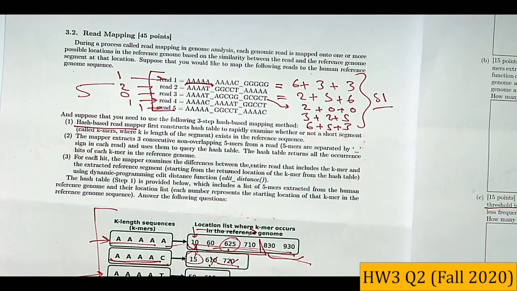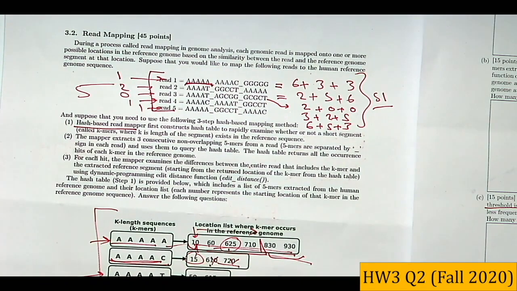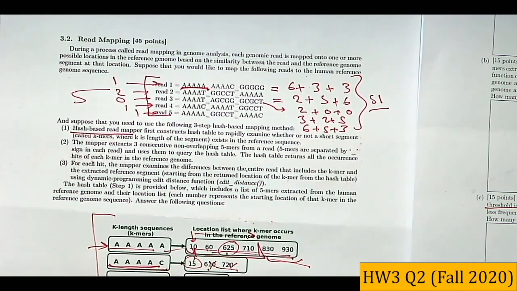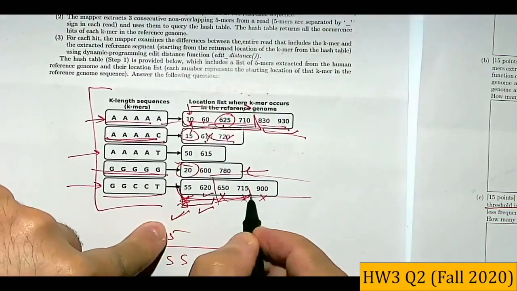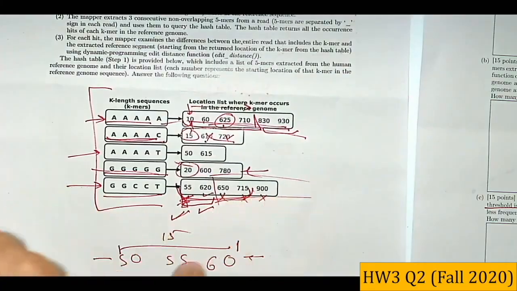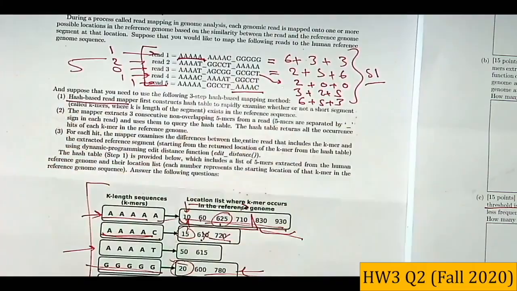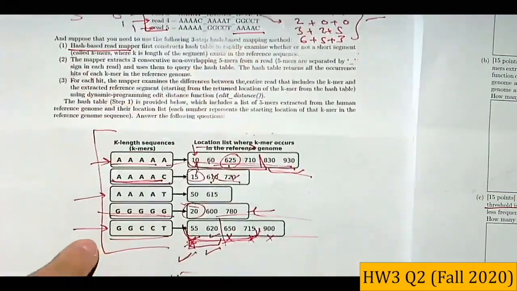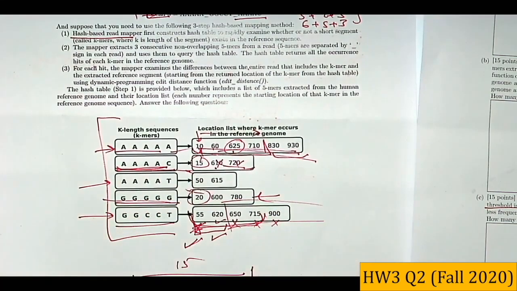Same thing as the 5 A's, where the threshold is 4, so you can consider the first 4 locations, or you ignore this one. And then the last K-mer here is 4 A's, 1 C. You got 3 locations. On the safe side, you can apply edit distance to the 3 of them.